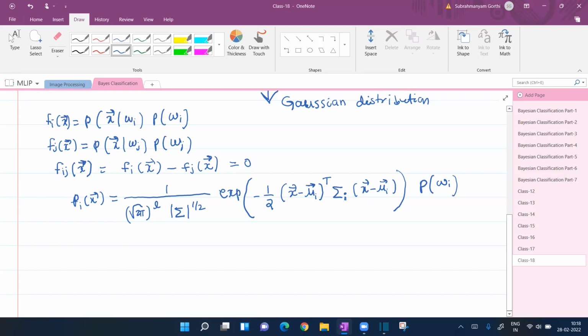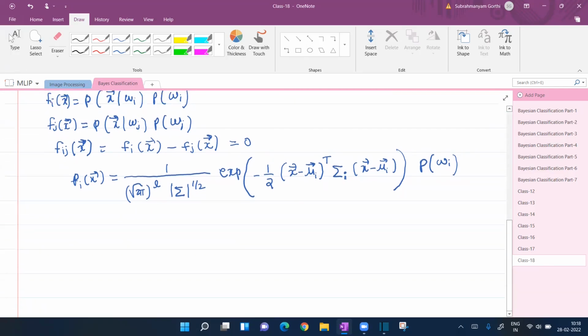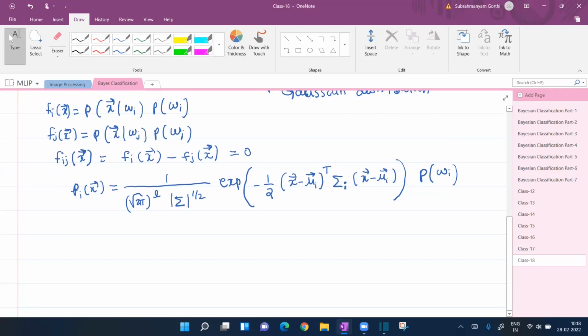Now, we have discussed earlier the discriminant function. All I need is that the difference between fi of x bar and fj of x bar should be 0. That means they should be the same. fi of x bar should be equal to fj of x bar.